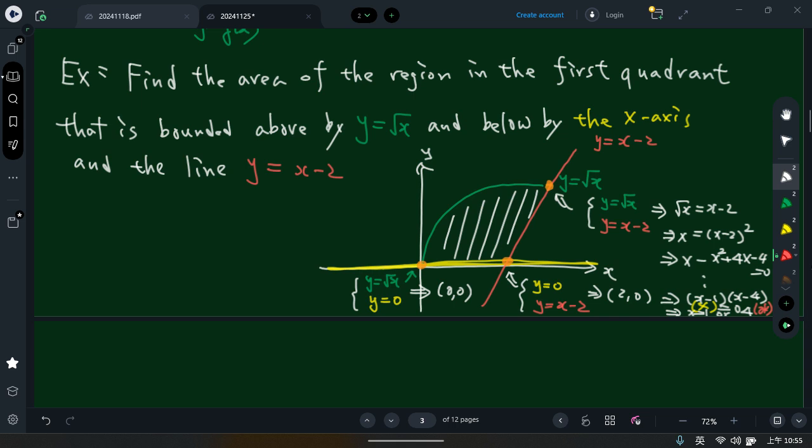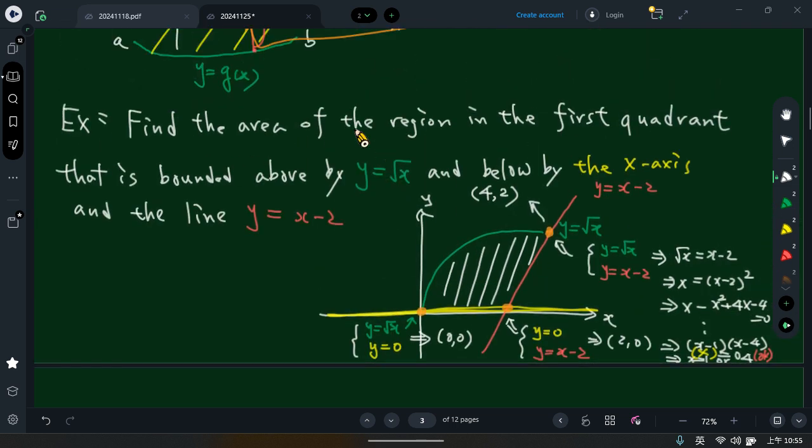So if 4 is okay, finally you can get the point 4, 2. Right? So remember, just get these 3 points first, coming from the intersections of these 3 curves.